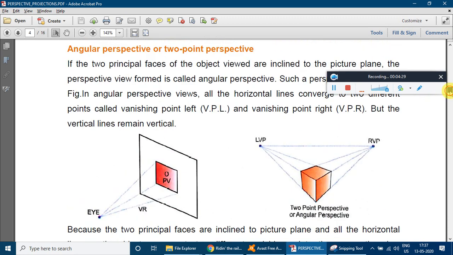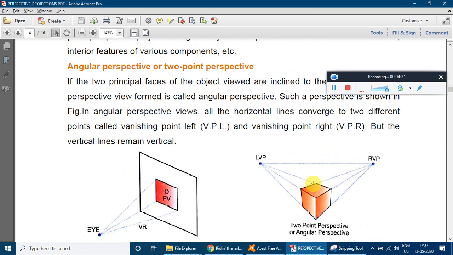Here also there are some principal faces. Here we have the left vanishing point, and here we have the right vanishing point, right? All these visual rays take the principal faces to the LVP, and on this side the visual rays take them to the RVP, that is, the right vanishing point.